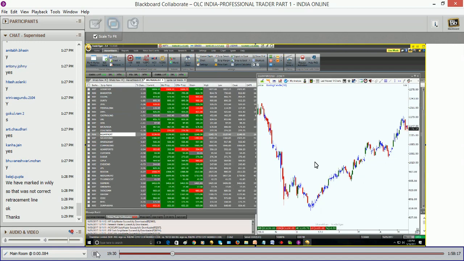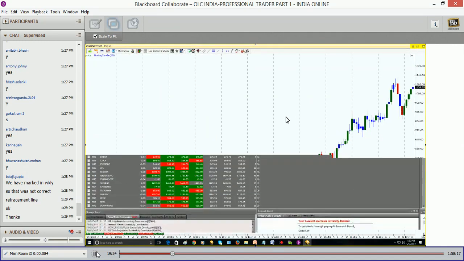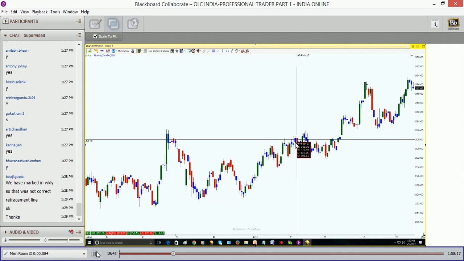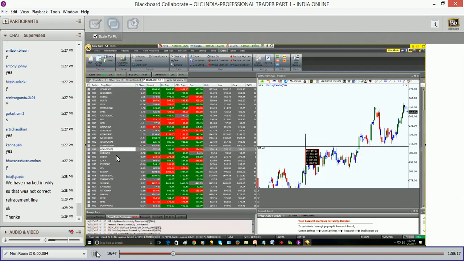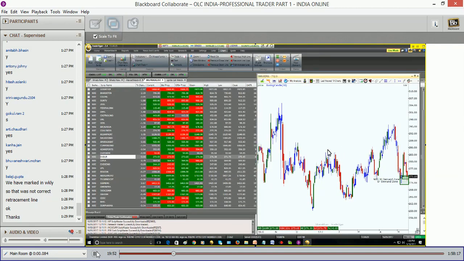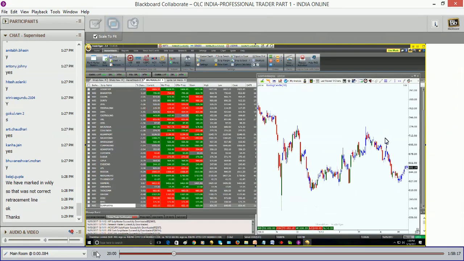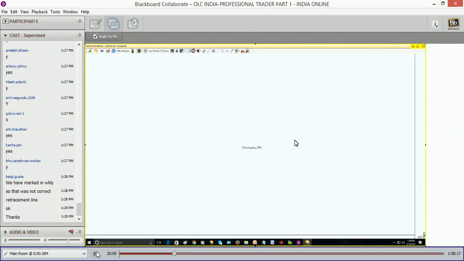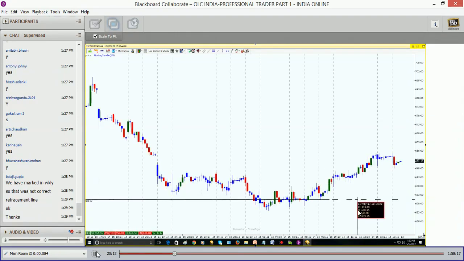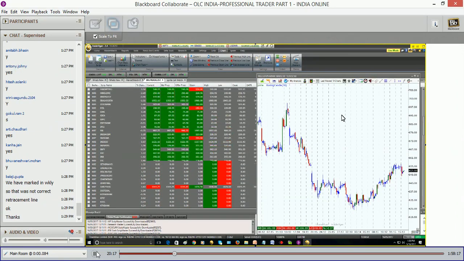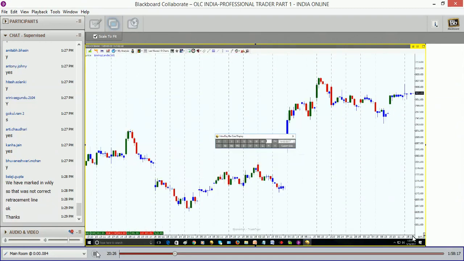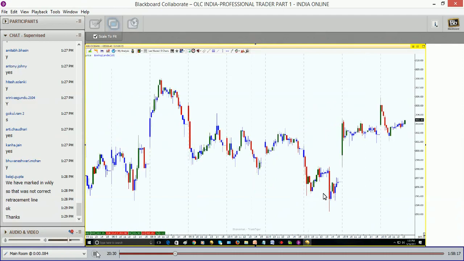Adani Ports has actually moved quite well from the level we had marked. Just a second, guys. Okay, lovely.